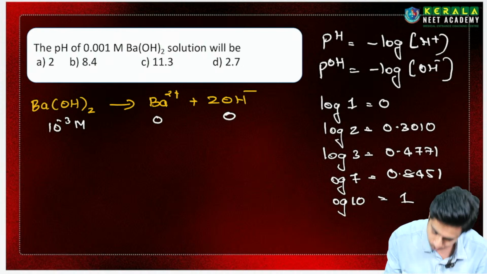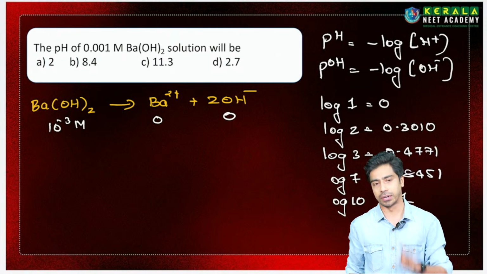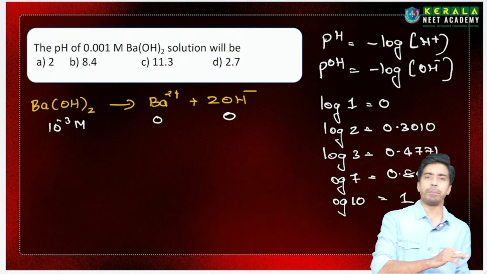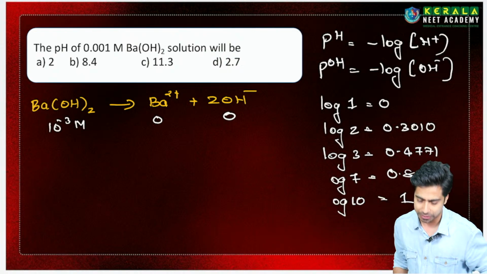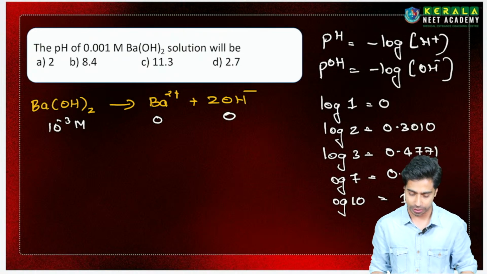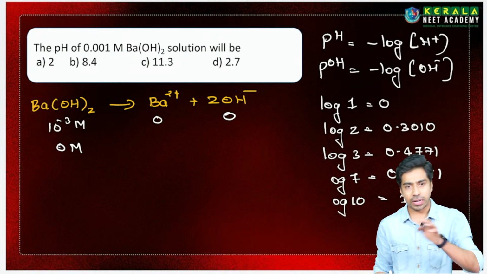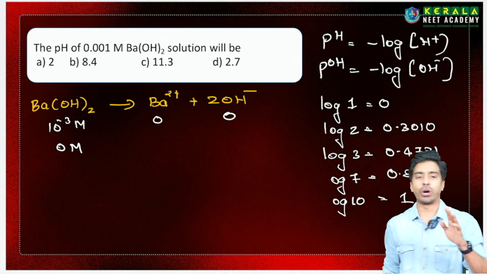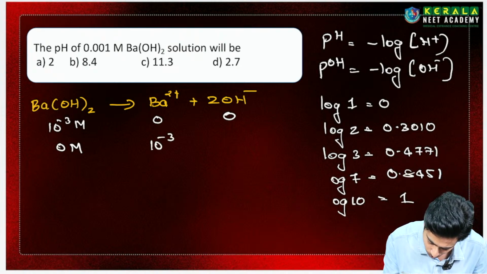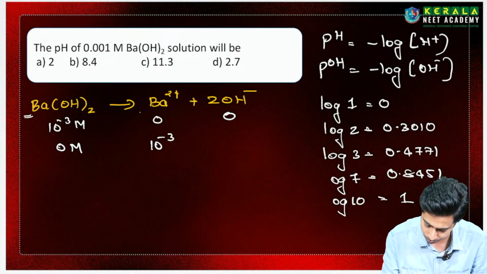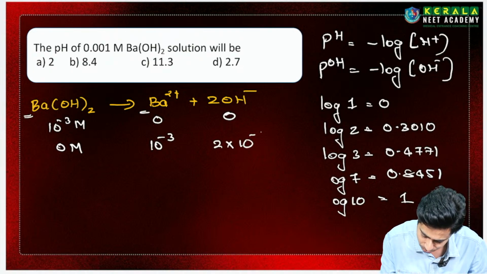After dissociation, Ba(OH)2 completely converts into Ba2 plus and OH minus, so Ba(OH)2 is 0 molar. Ba2 plus will be 10 raised to minus 3, since one Ba(OH)2 gives one Ba2 plus. OH minus will be 2 into 10 raised to minus 3.